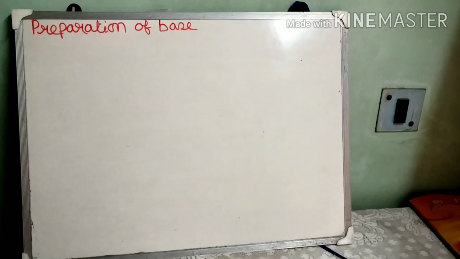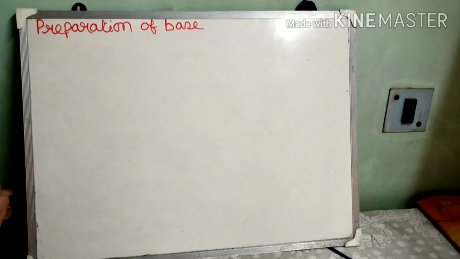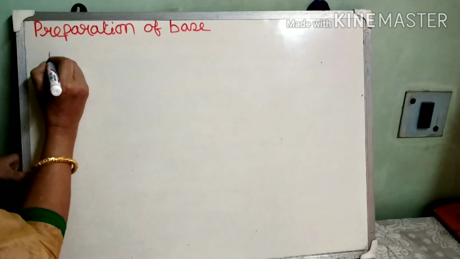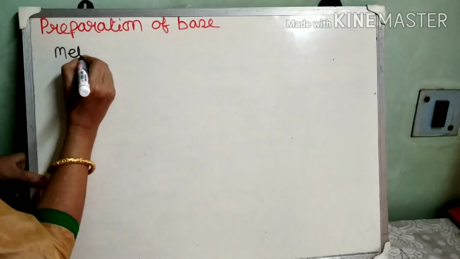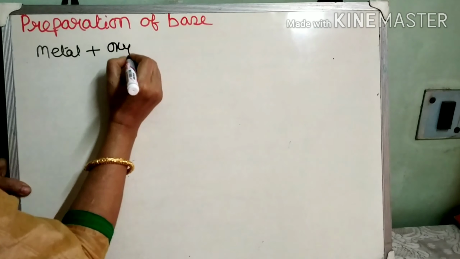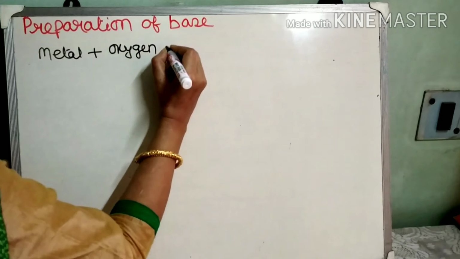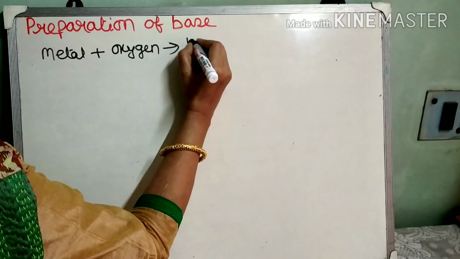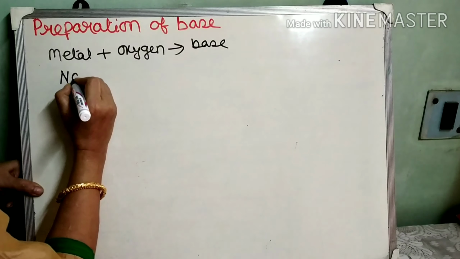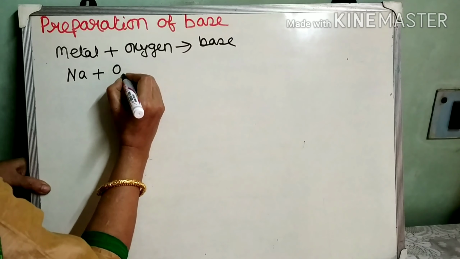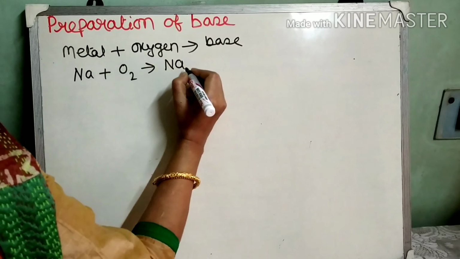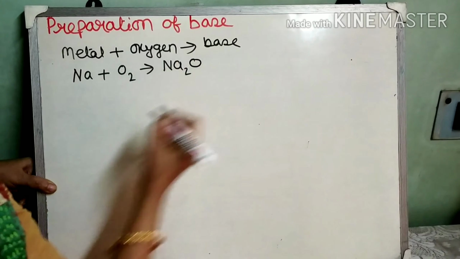Now I will discuss the preparation of bases. How is a soluble base prepared? First, when metal plus oxygen, a base is prepared. See example, Na plus O2 gives Na2O, which is a base.